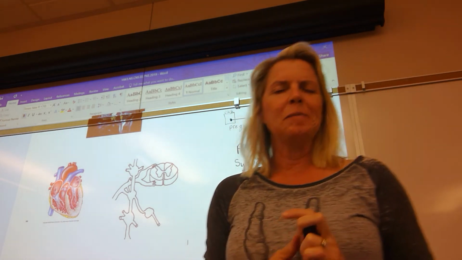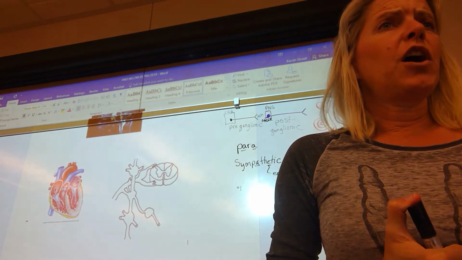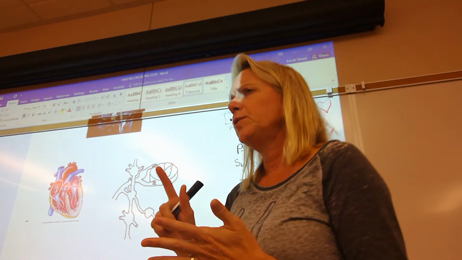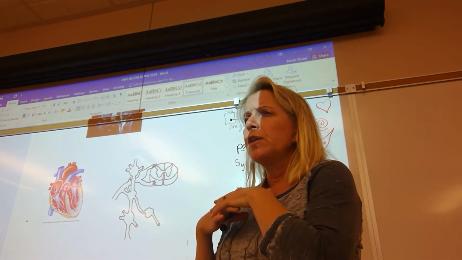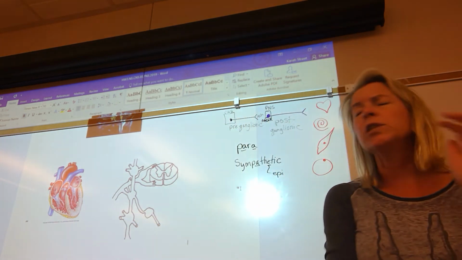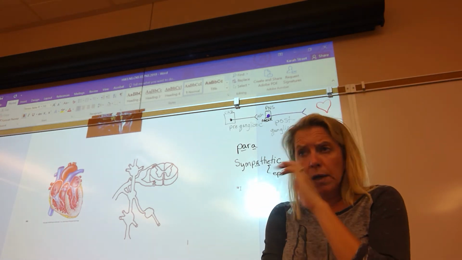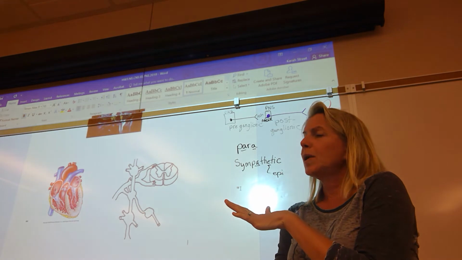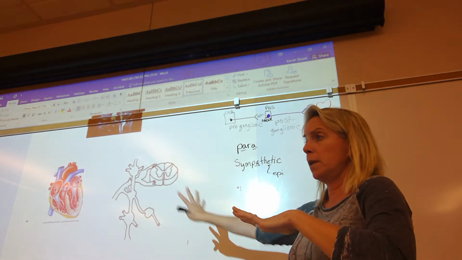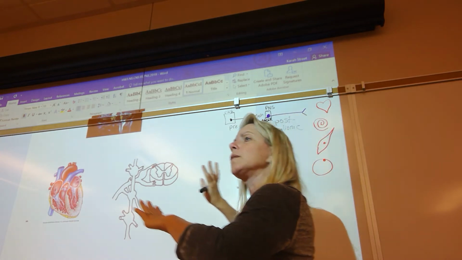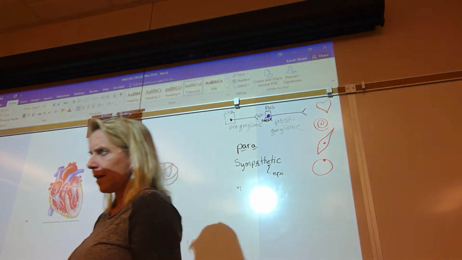And there's alpha 1, alpha 2, beta 1, beta 2, beta 3. There's so many rules for the sympathetic. You're not there. Your job is basically to understand the mapping of these divisions. If we know the mapping, then when you get to phys, we can add layers to that.